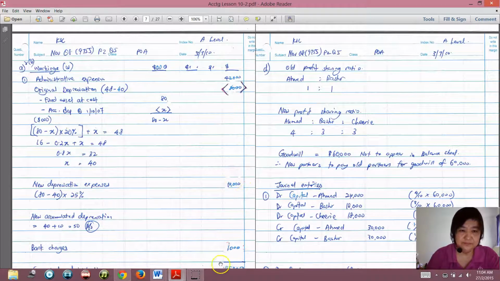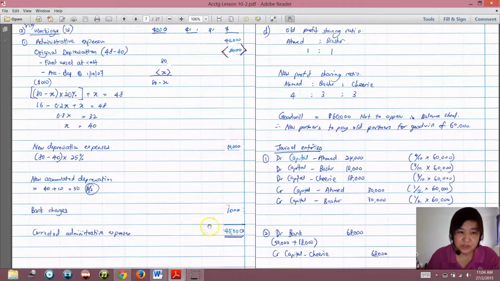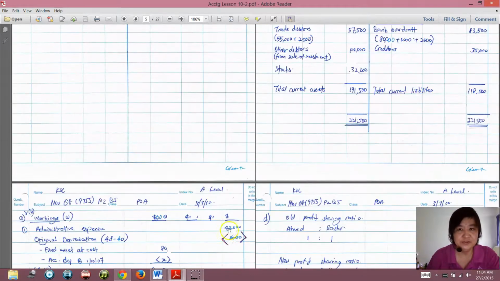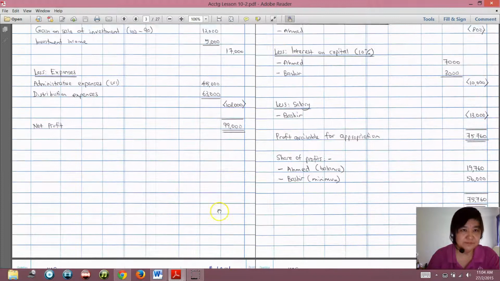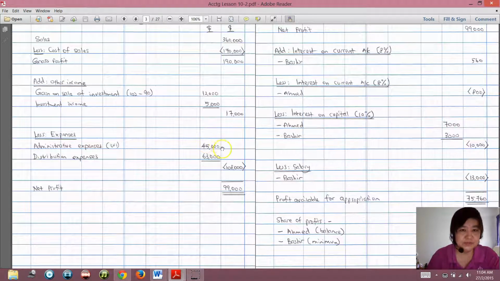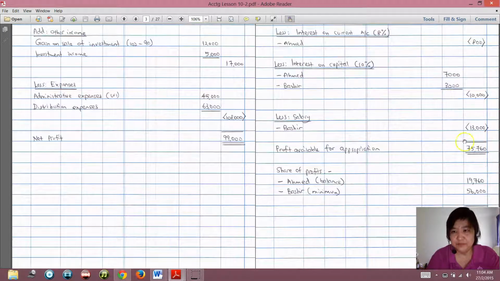So now we include bank charges. So the new administrative expense figure should be 45,000. So I put 45,000 here, and therefore I get 99,000. And therefore here I get profit available for appropriation 75,760.